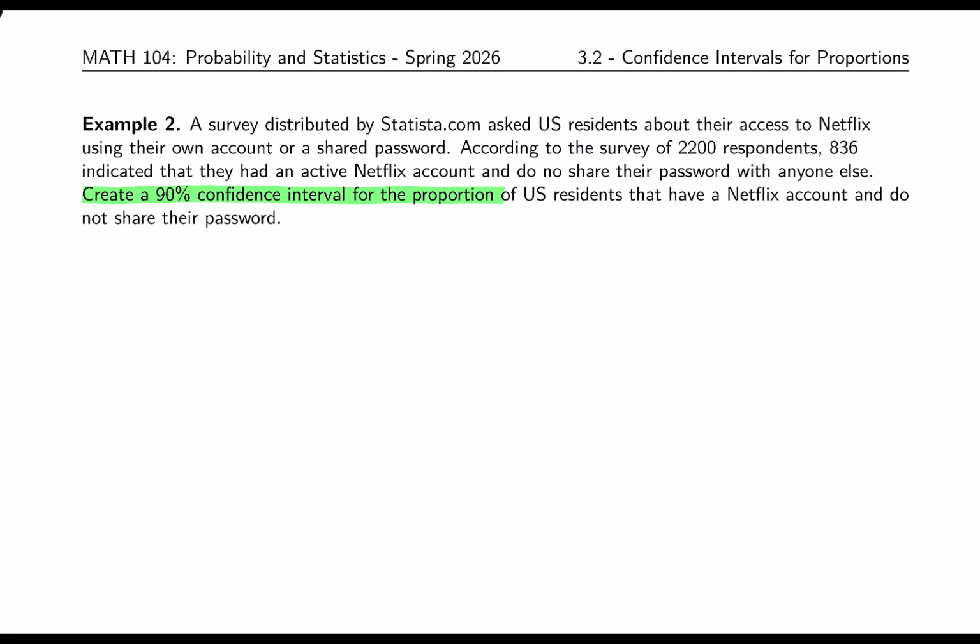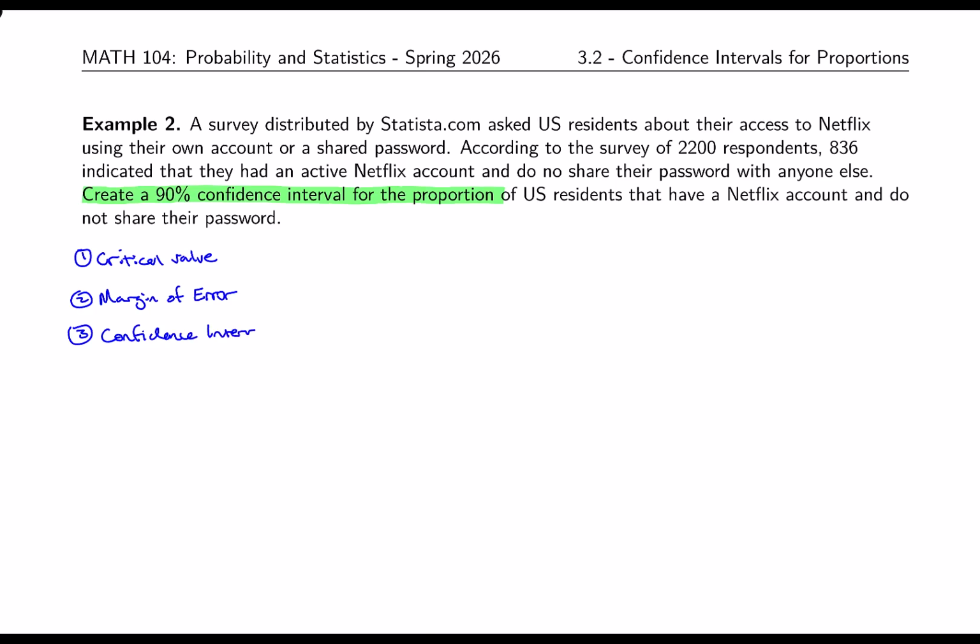So we want to create a confidence interval. For any confidence interval, that's going to require basically 3 steps. The first step is to get your critical value. Once you have that critical value, you then need a margin of error. And finally, you create your confidence interval.